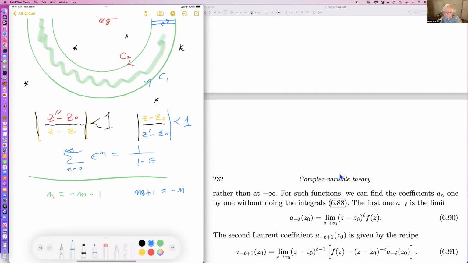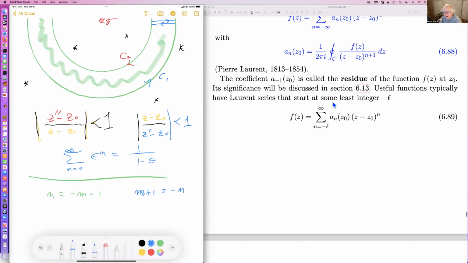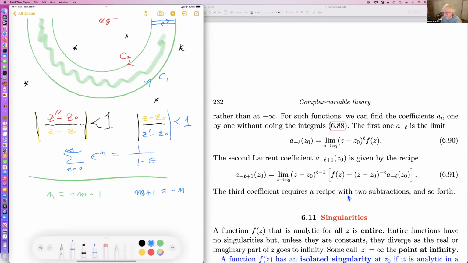And so there are sums from n equal to minus L to infinity of this expression here, where again, the a sub n are given by the same integral. And you can find the first coefficient just by taking the limit: z minus z0 to the L times f of z gives you the first coefficient.